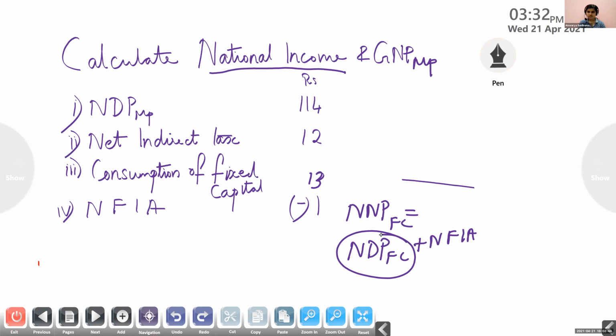Net indirect tax. That is how much? 12. Okay. From that, we have to add subsidies. Whether do we have any subsidies there? No, it's not given. Okay, so just leave it. Subsidies, it is not given, it means 0.